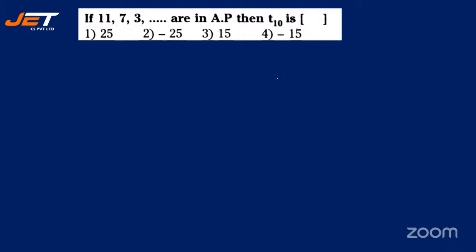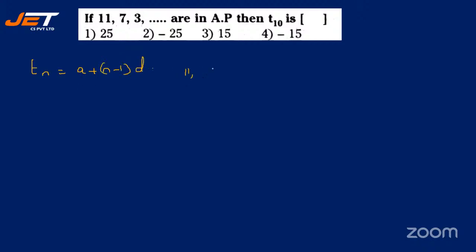We should find out T10. Now you should know the formula for Tn. Is it clear? Then only you will be able to work out the sum. What is the formula for Tn? Tn is a plus (n minus 1) into d.